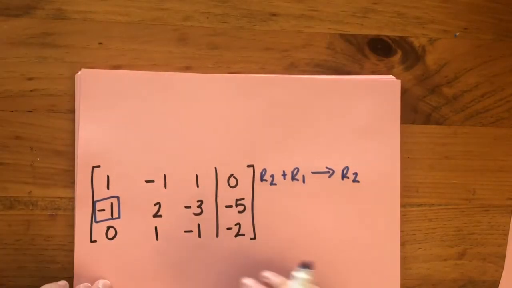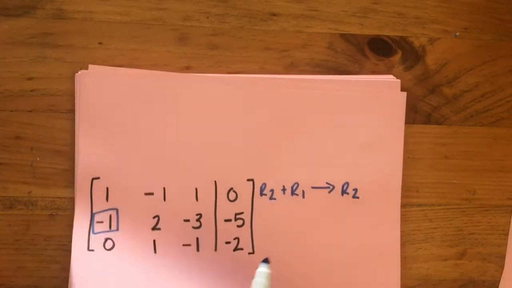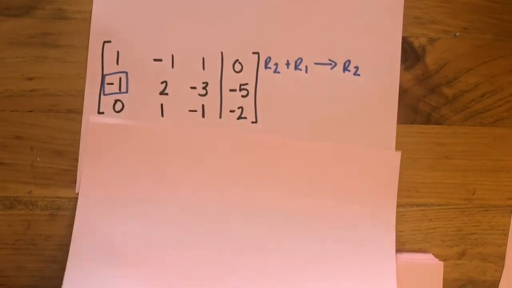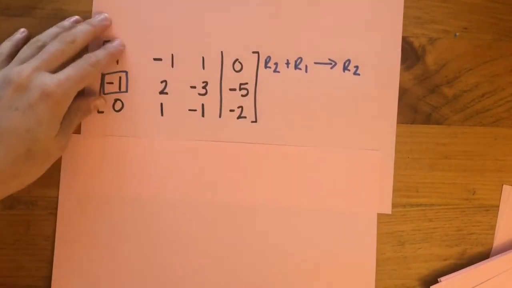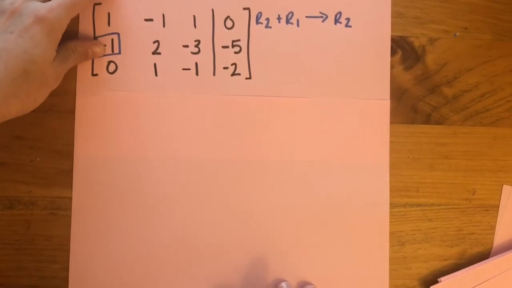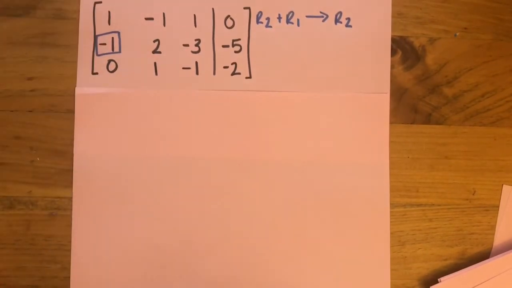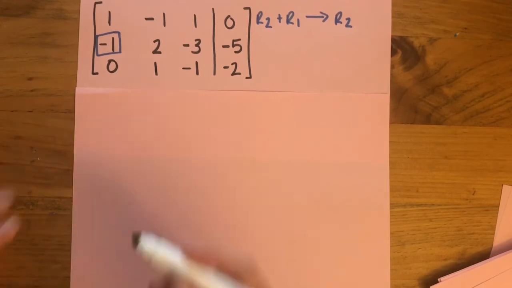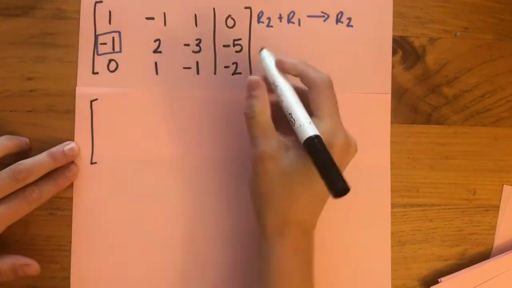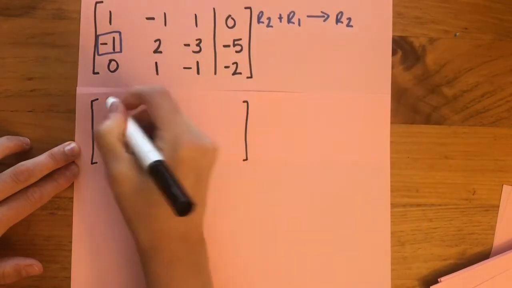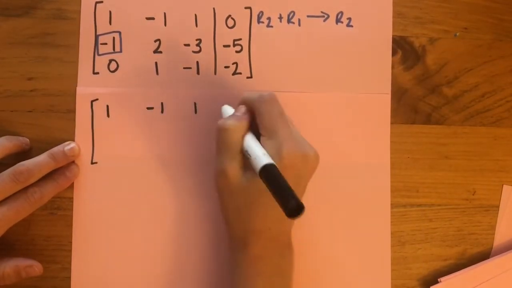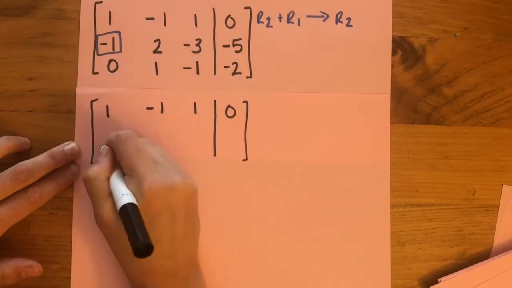Okay. So what is that going to look like? Well, first let's write out the rows that aren't changing. We're moving everything to row 2, so row 1 stays the same, and row 3 stays the same.